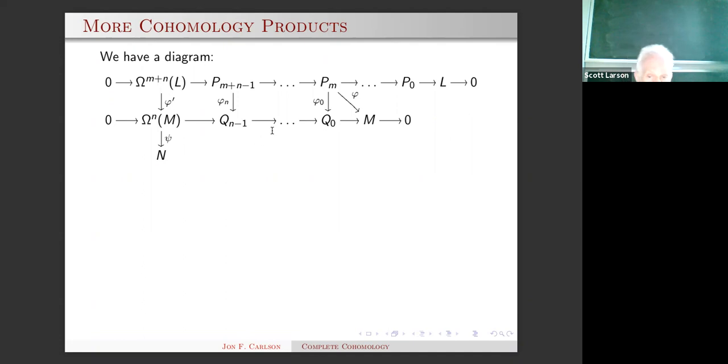And this map phi here determines this map uniquely in the stable category. It's not unique in the module category, but in the stable category, it's unique. It's determined up to something that factors through a projective.